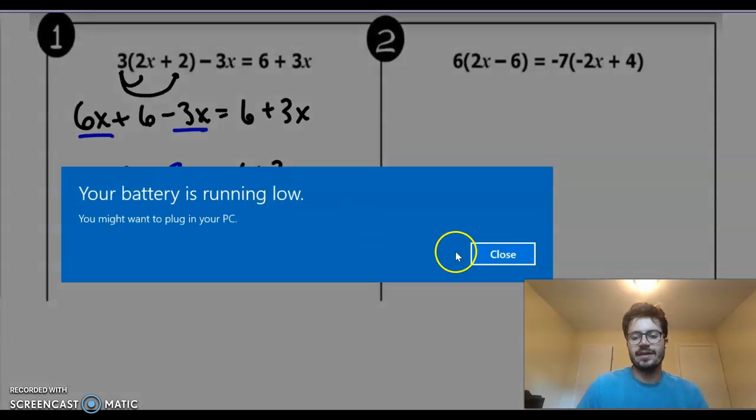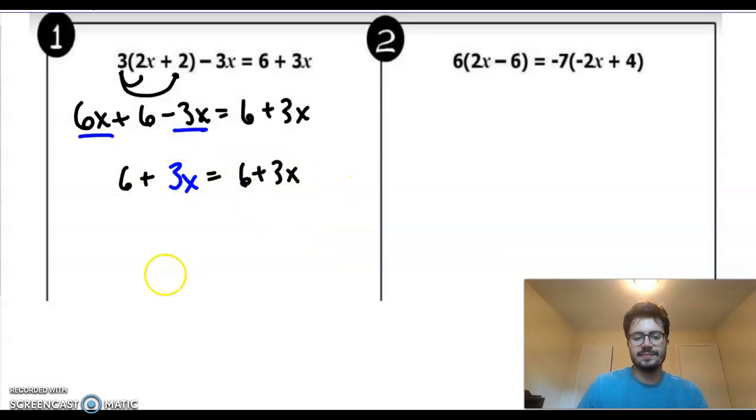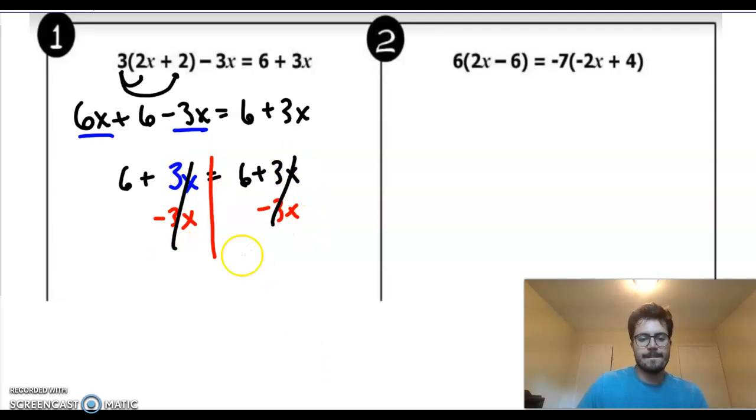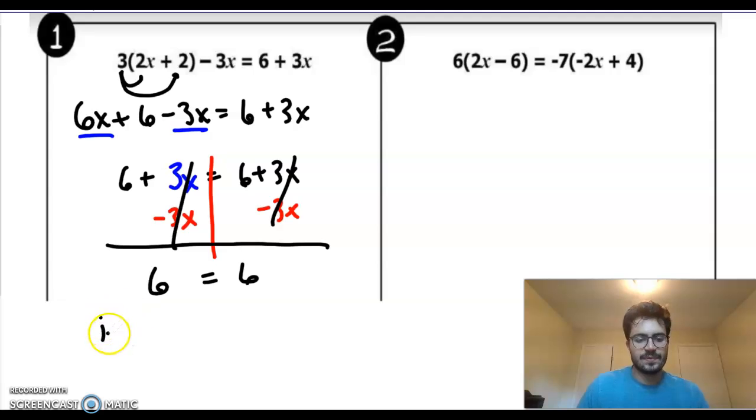Look, guys, it's the same thing. Same thing on both sides. That means it's going to be infinitely many solutions, but we can keep going. Let's subtract 3x from both sides. We get 6 equals 6. Infinitely many solutions.